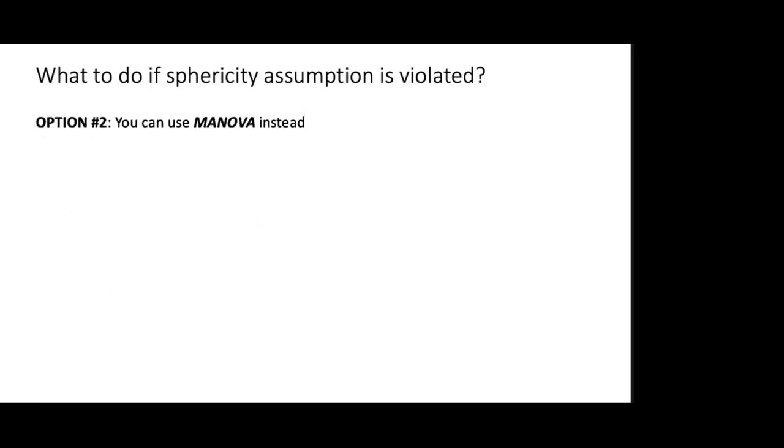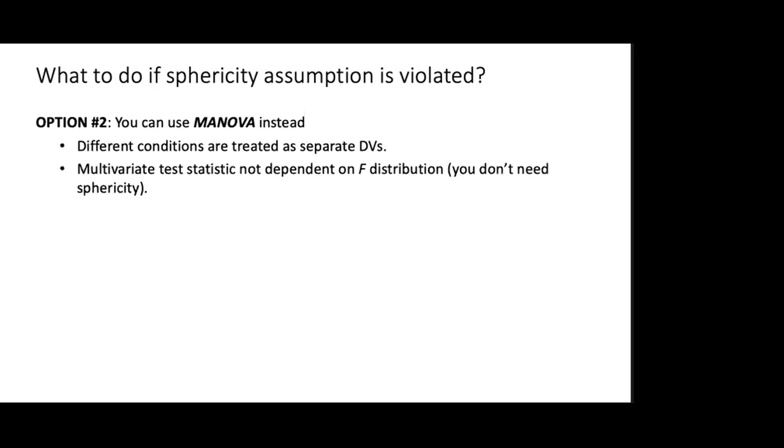A second option, if your sphericity assumption is violated, is that rather than using repeated measures ANOVA, you can run a MANOVA. I mentioned at the beginning of this class that a MANOVA is a multivariate analysis of variance, so you have multiple dependent variables. In the MANOVA approach to repeated measures, you treat your different conditions as separate dependent variables.